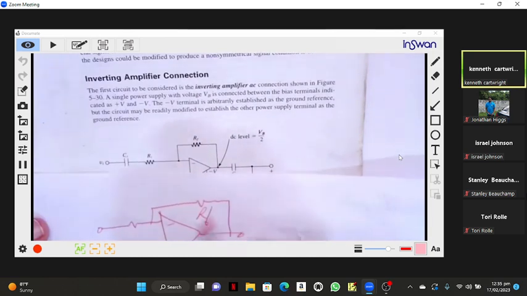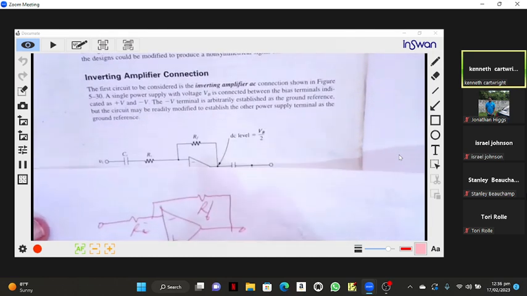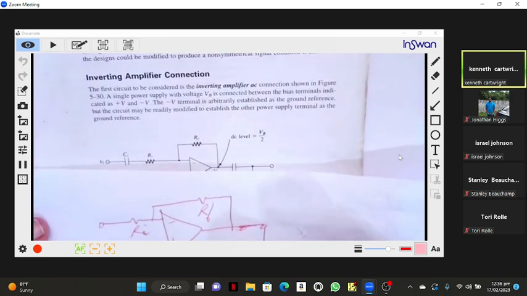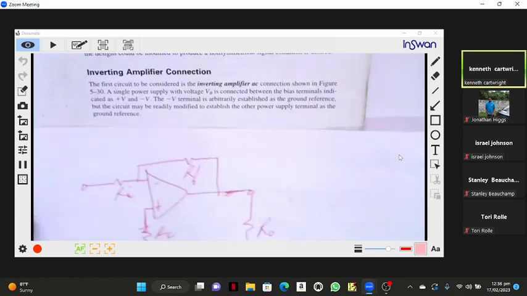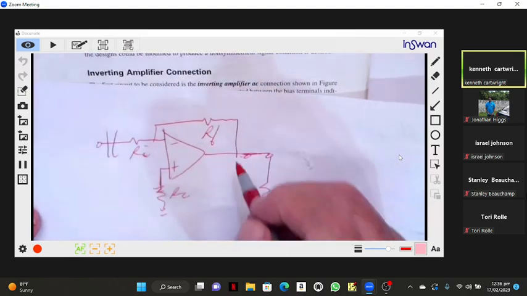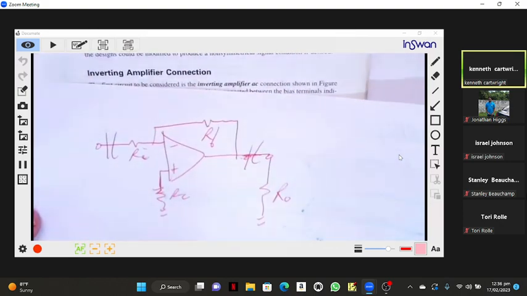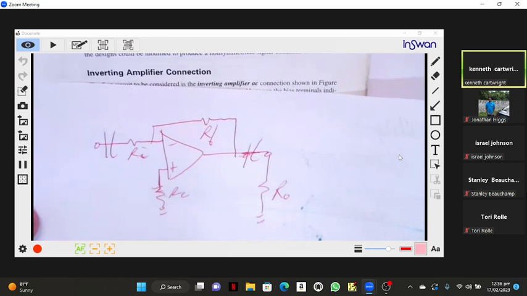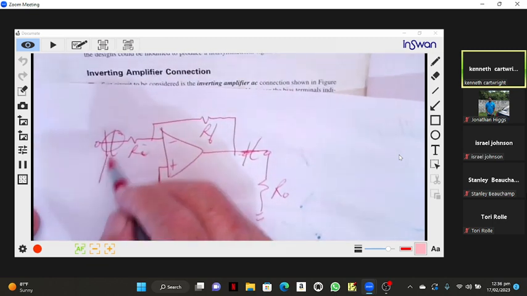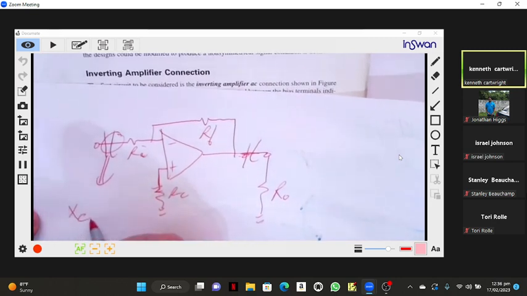This RF, this RI, and here's RO. This is what we're trying to achieve. This is what we have. So the reactance of this should be low relative to what?